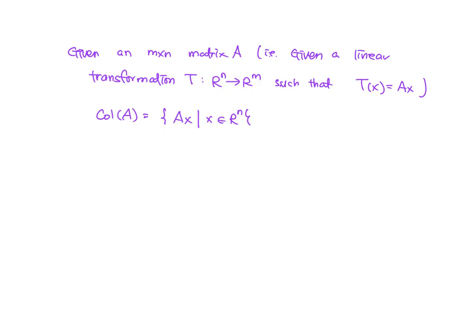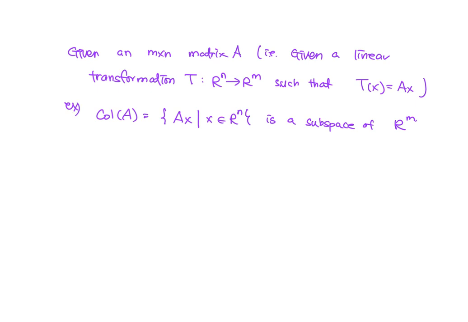In the previous chapter, that was called the span of the columns of A, or when we defined the transformation, that set was called the range of the mapping. So that was one subspace. This is a subspace of Rm space.